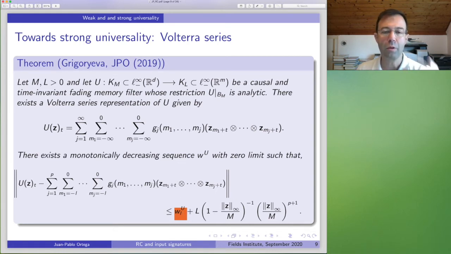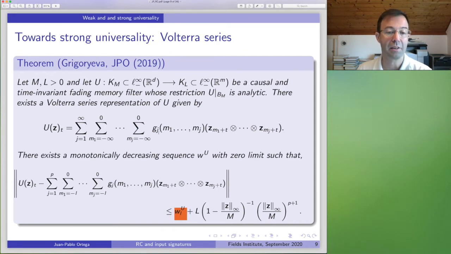But for those of you who never saw this Volterra business, Volterra is just the Taylor series expansion of a filter, right? So I give you a filter. Here, this is a map between two Banach spaces. You can take Frechet differentials, and then you can do Taylor series expansions. So if your filter is analytic, you can conclude that it admits an expansion like this, where these coefficients that you have in here are just the partial derivatives of the filter.